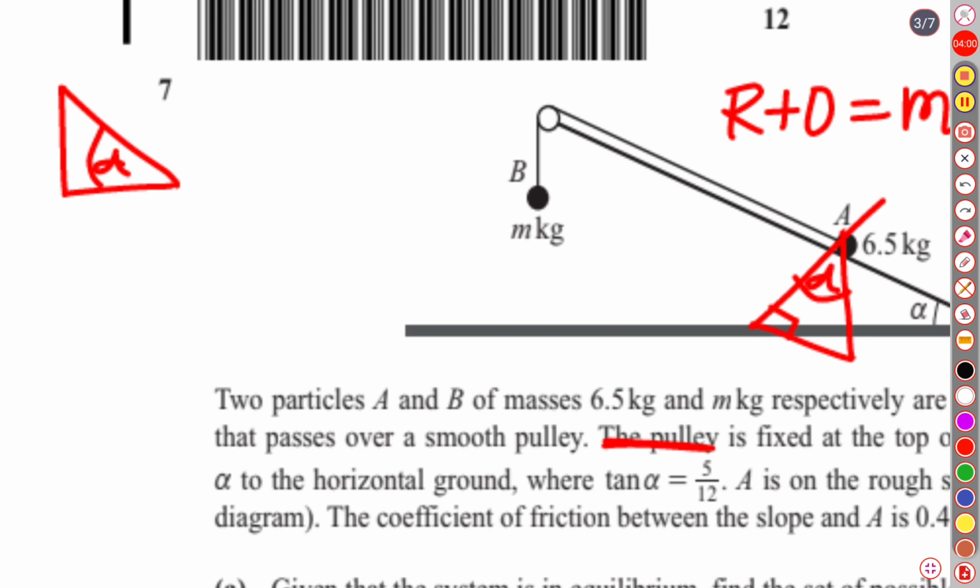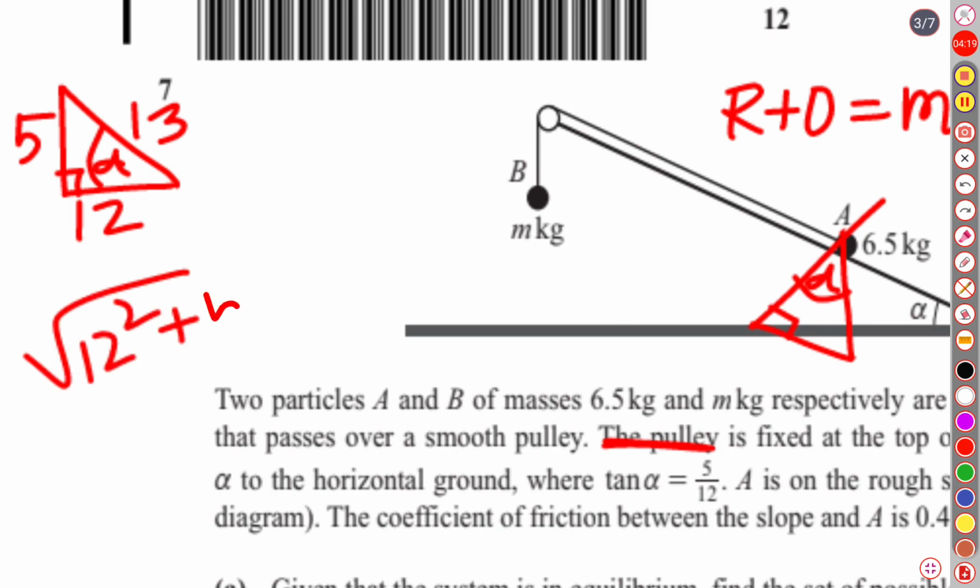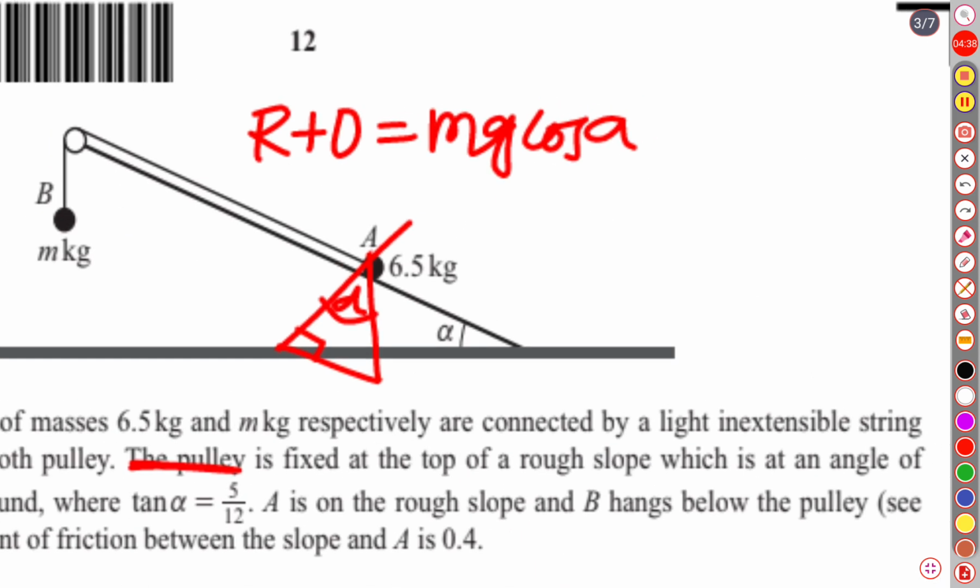If the vertical line or opposite is 5 and adjacent is 12, definitely the hypotenuse is going to be 13, since 12 squared plus 5 squared gives 13 squared. So cos alpha is adjacent over hypotenuse, which is 12 over 13.